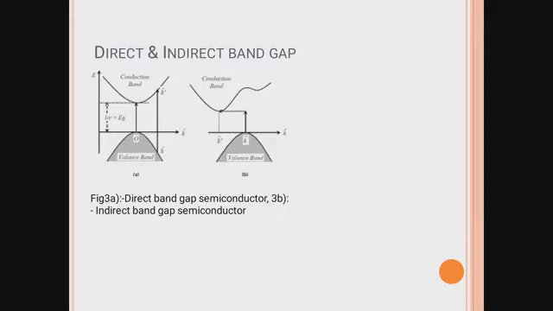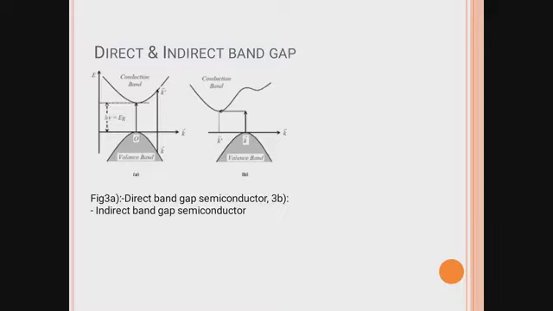The minimum energy state in the conduction band and the maximum energy state in the valence band are each characterized by a certain crystal momentum, which is denoted over here by this k vector along the x-axis, or the propagation constant or wave vector in the Brillouin zone.